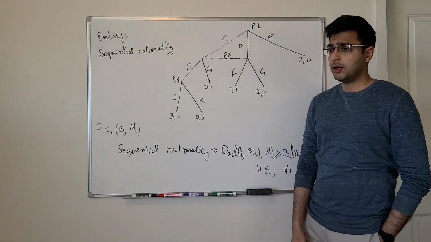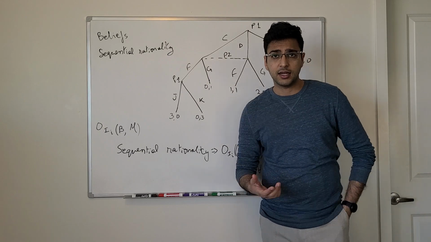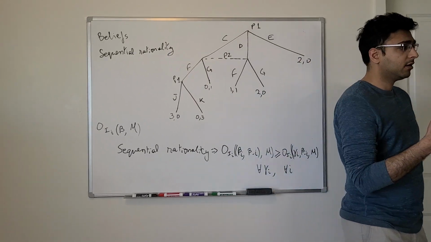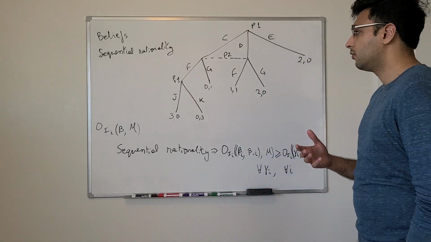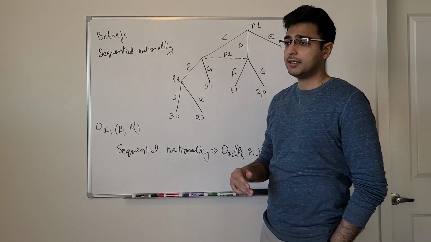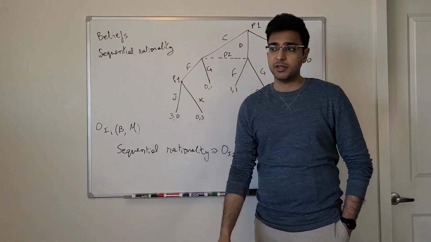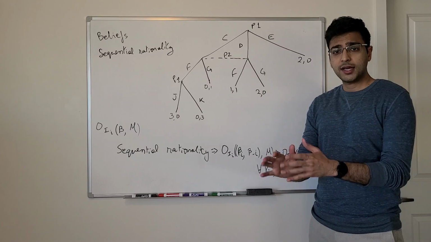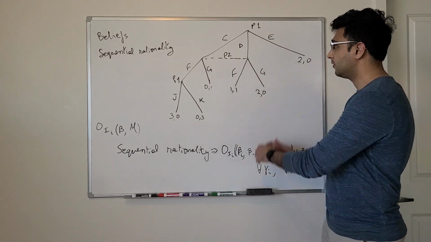We also talked about when an assessment is an equilibrium, and that's when the assessment follows sequential rationality and consistency of beliefs. We'll explore that a little further in the context of this game.